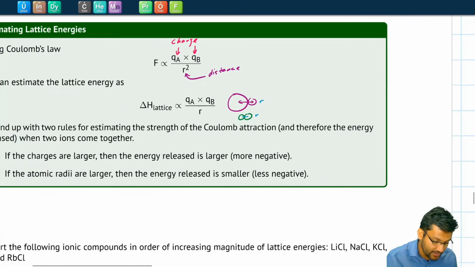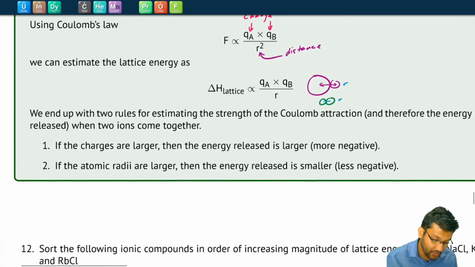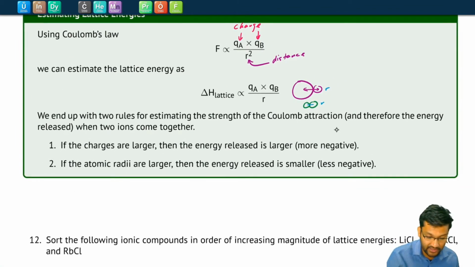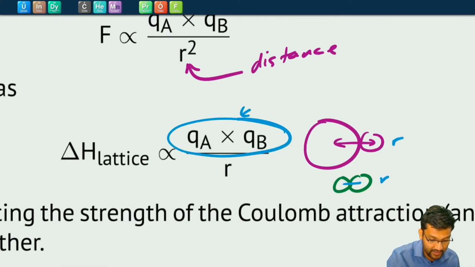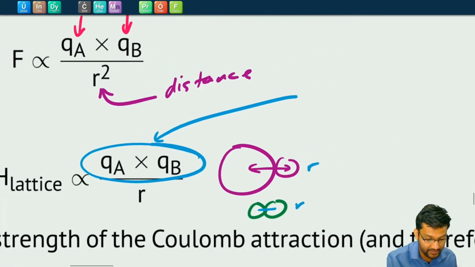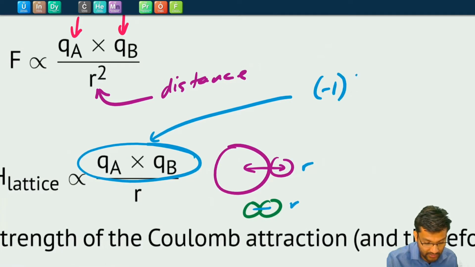Okay, so here are some rules for estimating the strength of the attraction between two atoms. If the charges are larger, then the energy released from breaking the bonds would be larger. Why? Look at this equation. The top is the two charges multiplied by each other. If you have a -1 charge with a +1 charge, that comes out to -1.